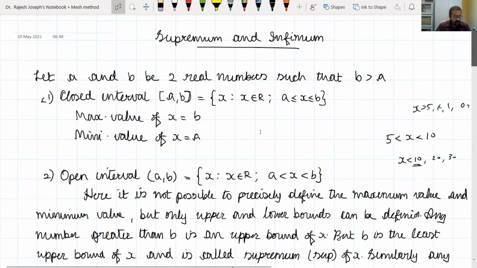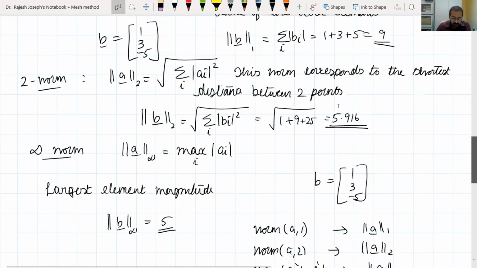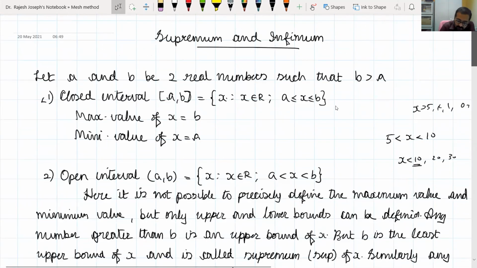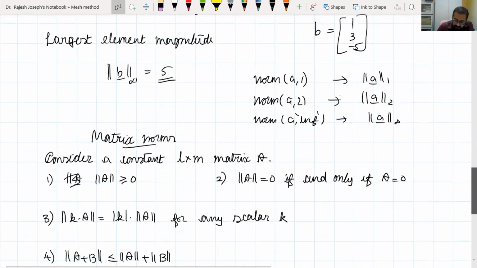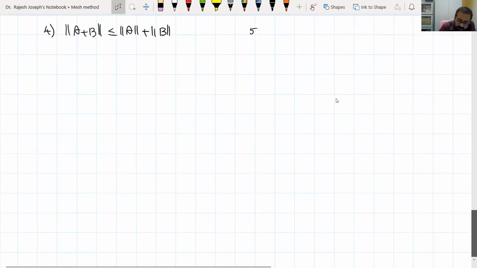Additionally, it has to satisfy the submultiplicative property. That means norm of AB will be less than or equal to norm of A into norm of B. So these are the properties to be satisfied by matrix norms.